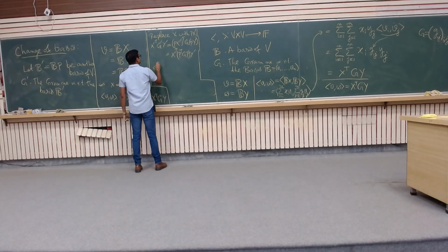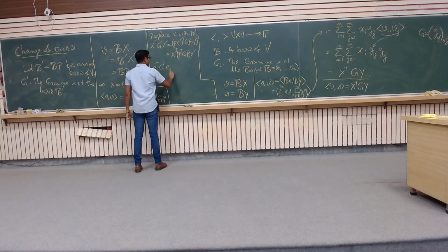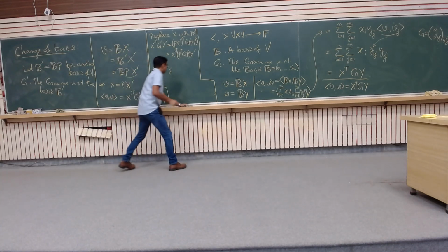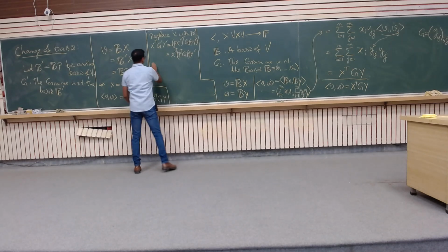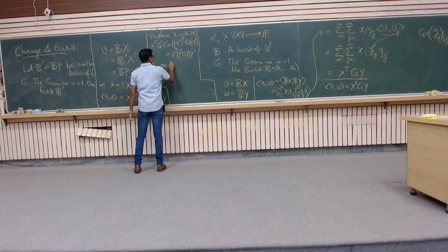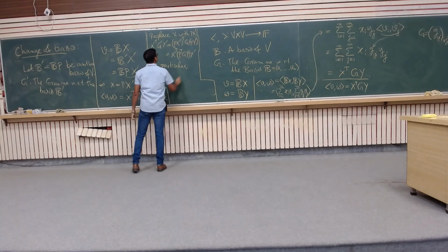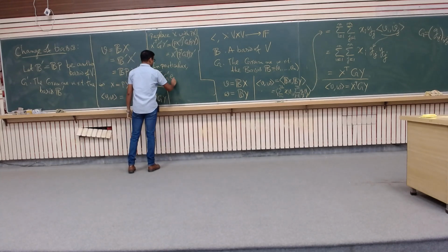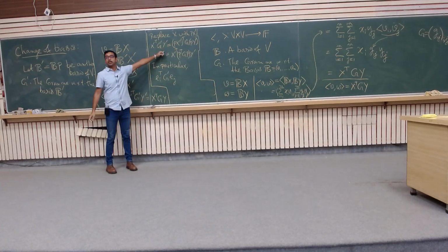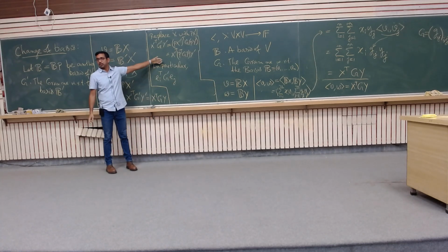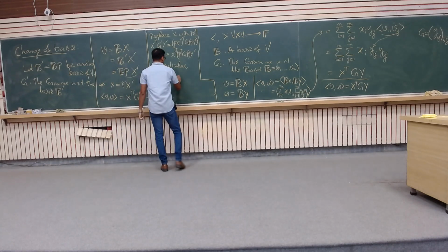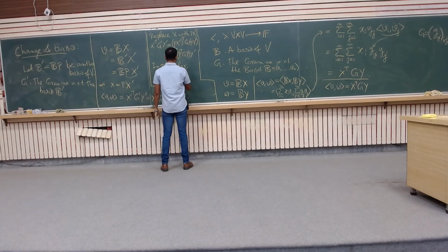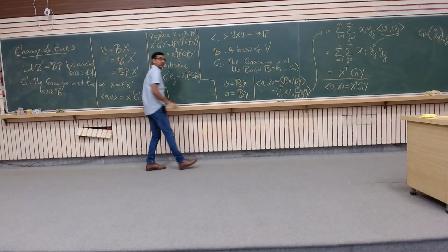This will be ei transpose G dash ej. In particular, we have ei transpose G dash ej, because this x dash, y dash were arbitrary. We can put any vectors that we want there. This would be given by ei transpose P transpose G P ej, right?